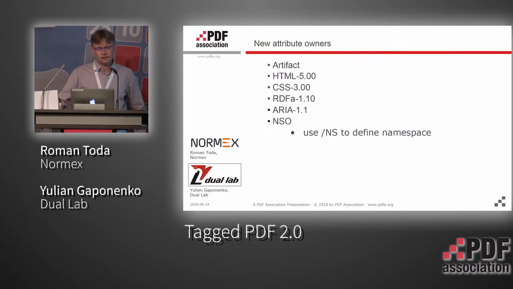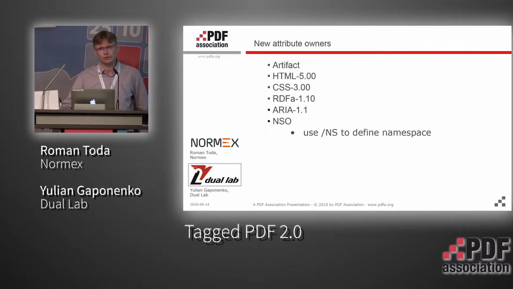We also see a lot of new things coming up when it comes to attribute owners in 2.0. Attributes are additional information that you can attach to a tag or structure element, and as you can see, we have also a couple of changes in standard attribute owners.